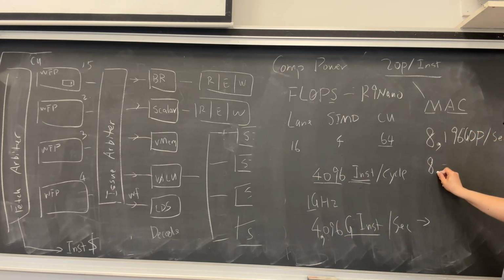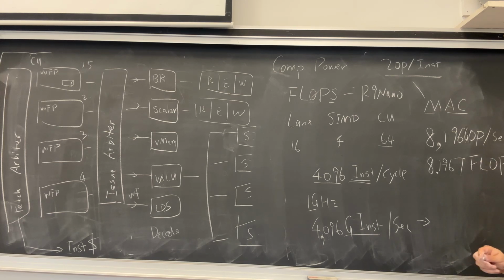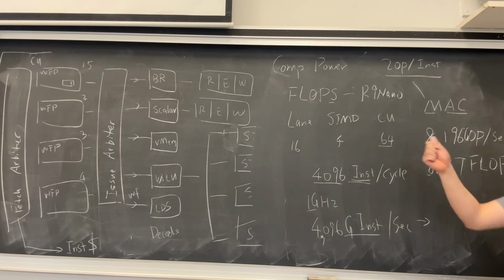If I change it to a dot, it's 8.192 T-flops. It's basically 8.2 teraflops. That's the performance characteristic for that particular GPU.